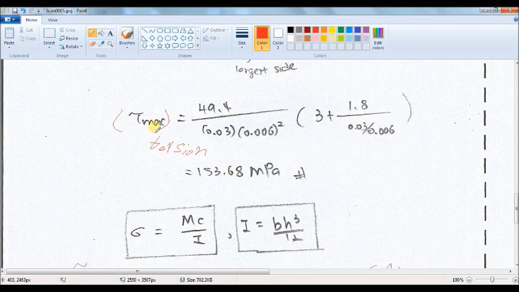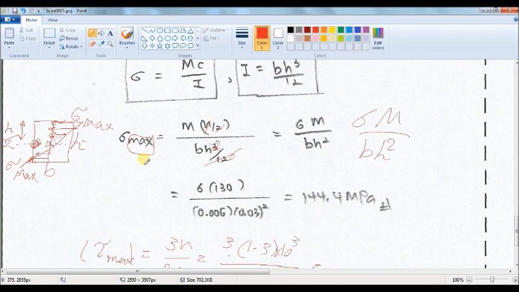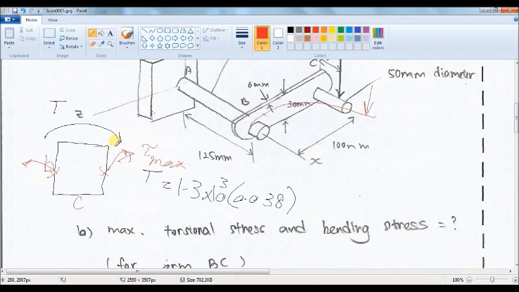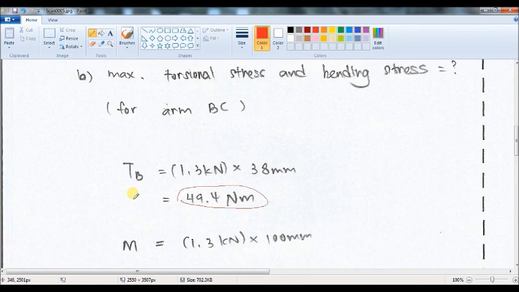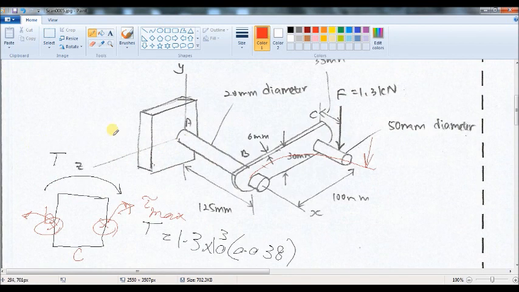And as you can see, these two maximum shear stresses are both located at this location. Now we can either add or subtract these two values to find the resultant shear stress at this location. But how to determine whether we have to add or subtract these two values?